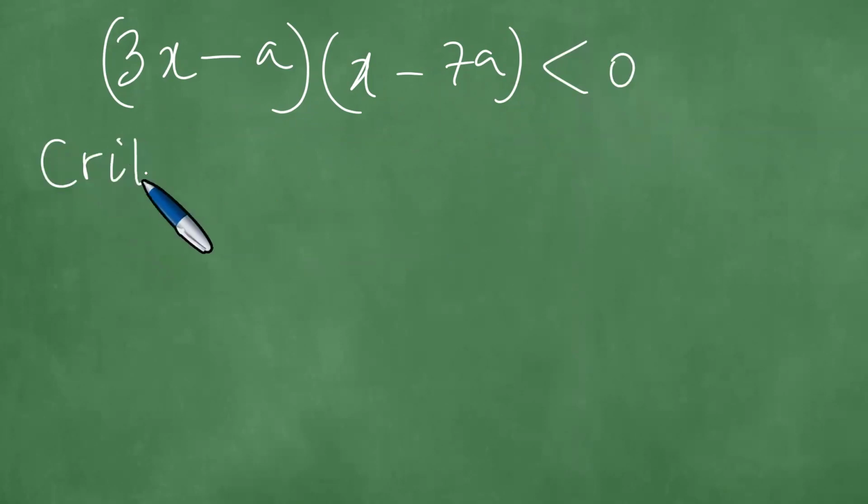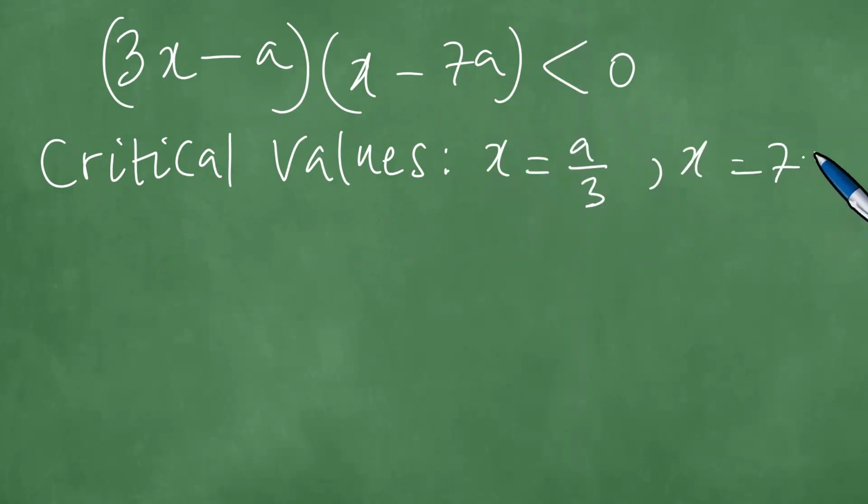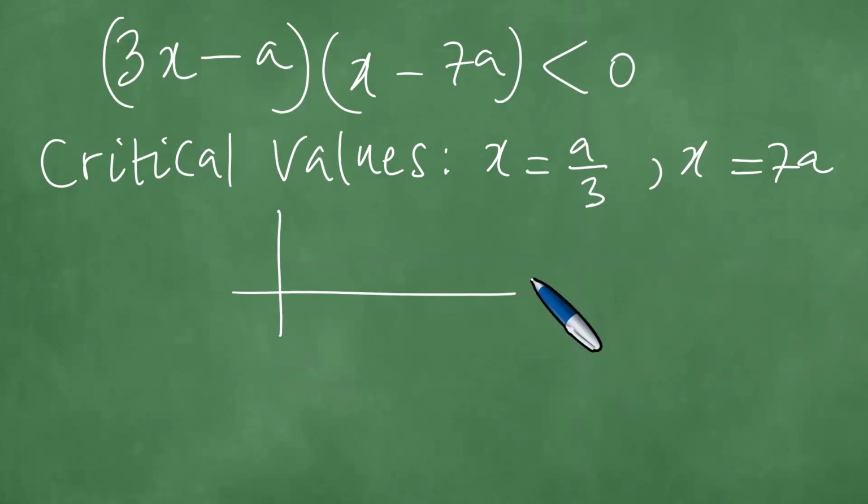There are things we call the critical values, which we saw before. And here there will be x equals a over 3, x is 7a. We position a over 3 here, and we position 7a.